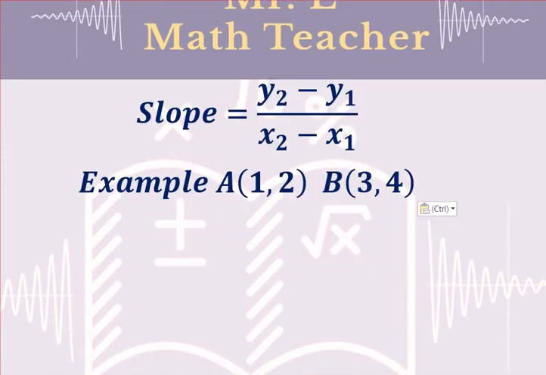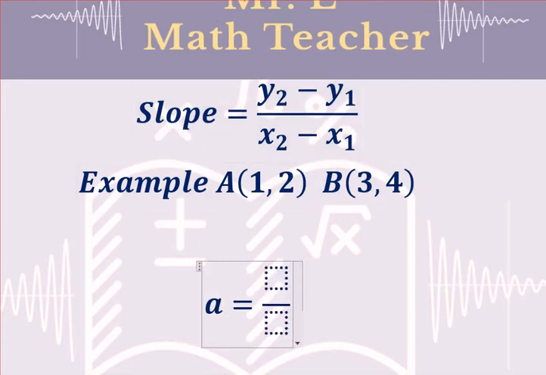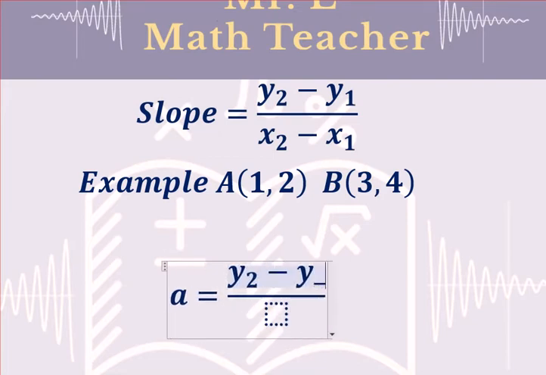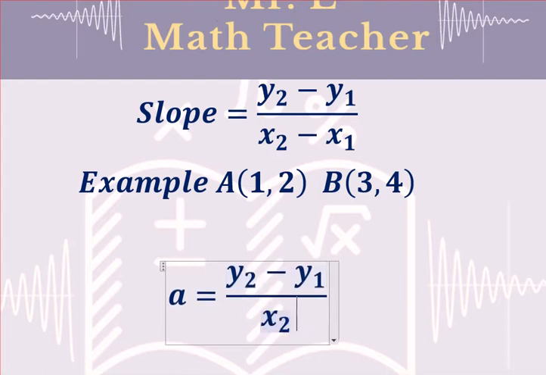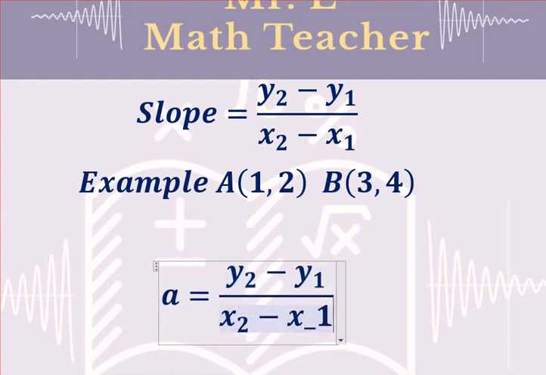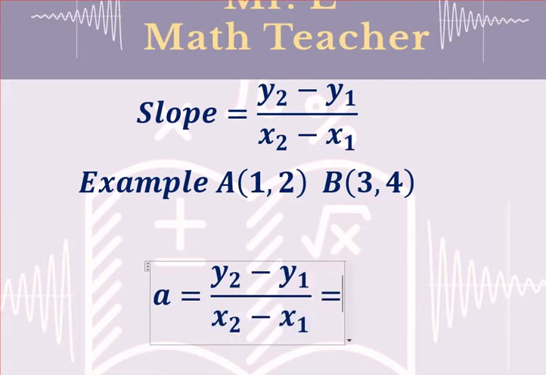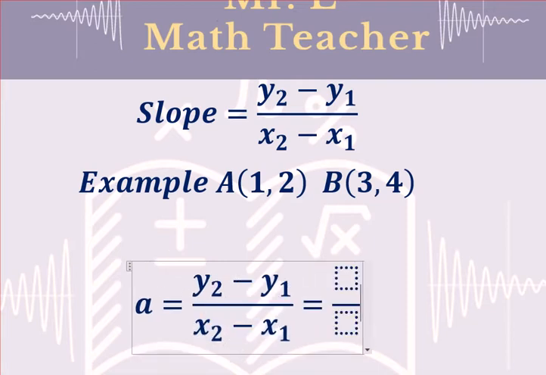Let's say that the points A and B are given as (1, 2) and (3, 4). To find the slope, all I have to do is to apply the formula y2 minus y1 over x2 minus x1, or the opposite. It's up to you. Then all you have to do is to replace the values for the ordinates and abscissa.